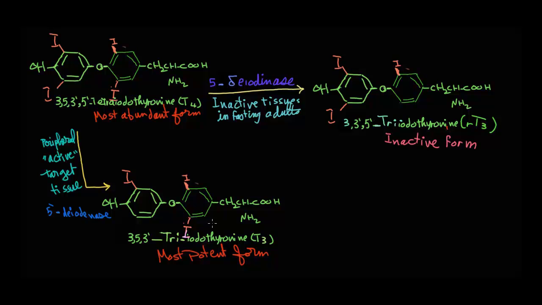So it depends on the activity of the tissue. T4 can be converted either into the more potent form, which is T3, by deiodination at 5 prime position by a specific 5 prime deiodinase, or when the tissues are inactive, for example in fasting adults, T4 is going to be converted into an inactive form which is called RT3 by deiodination at position 5 by a specific 5-deiodinase enzyme.